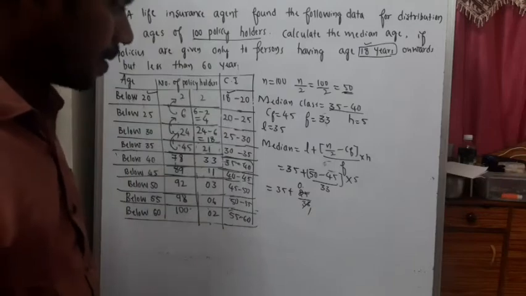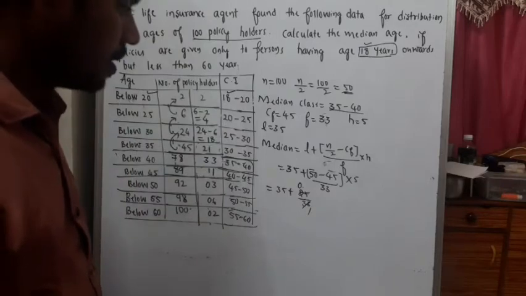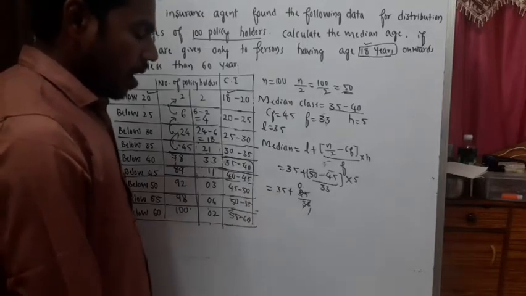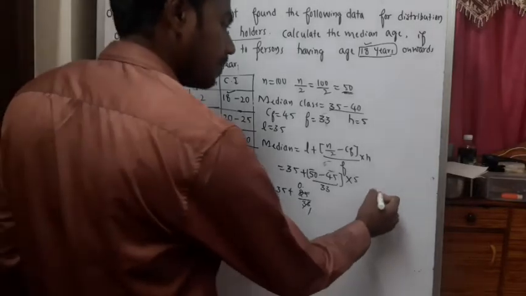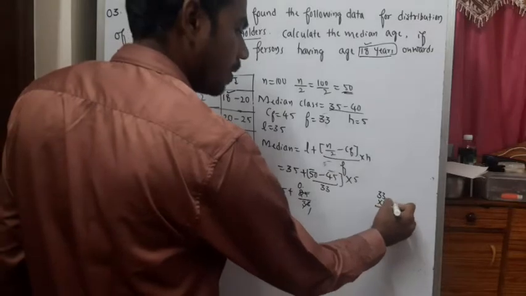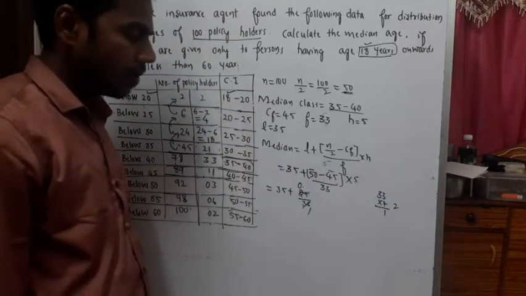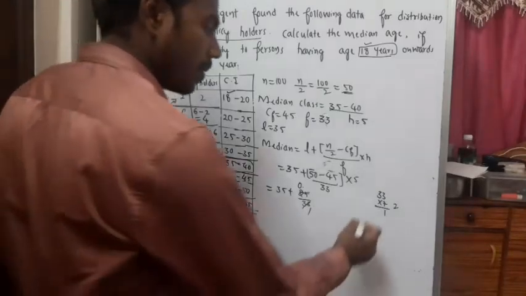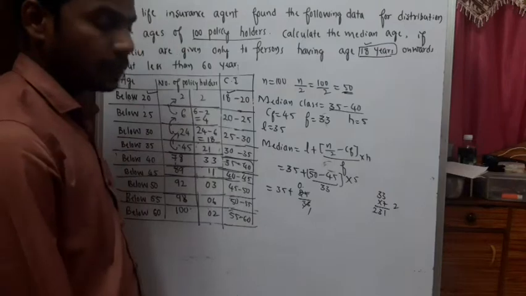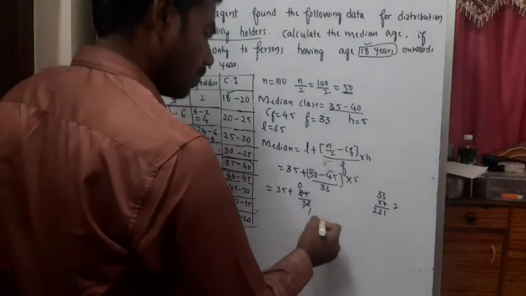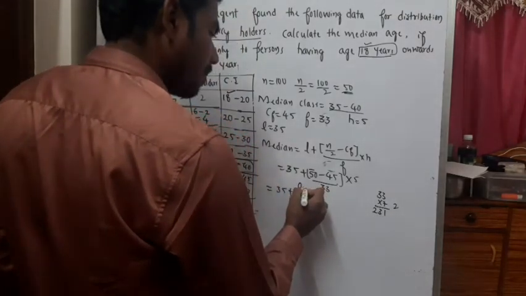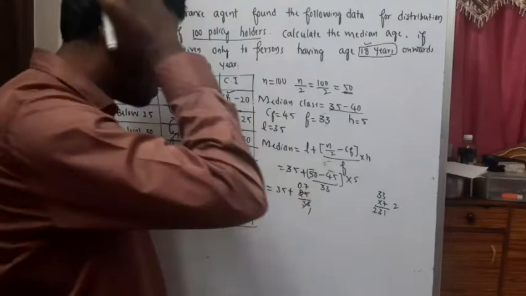Put a decimal. What is it going to become? This is 250. 33 into 7: 7 3s are 21, carry 2, 7 3s are 21 plus 2 is 23. So 250 minus 231 is 19. 19 means 190.